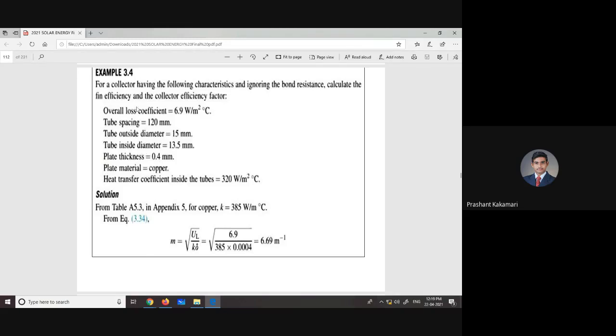If you know the collector surface area, I can take Hp by K Ac. In that place they have taken UL by K delta. Delta is the thickness of the plate, 0.4 mm, which they have converted into meters. So this constant M value comes around 6.69 per meter.